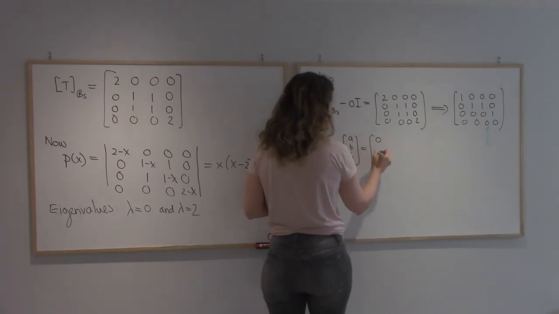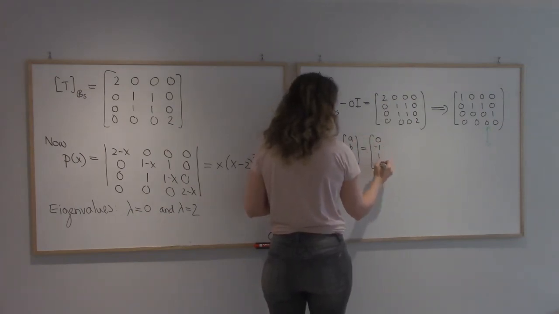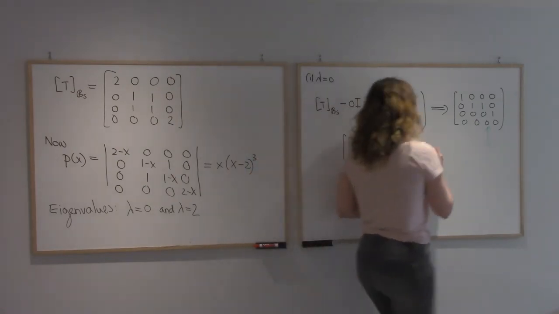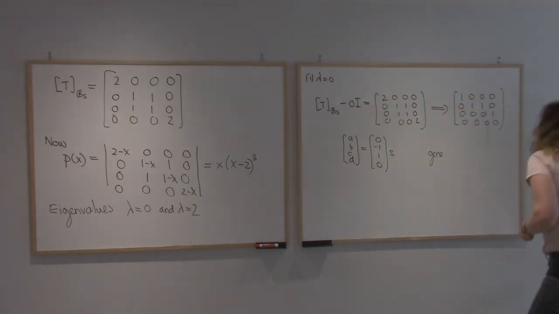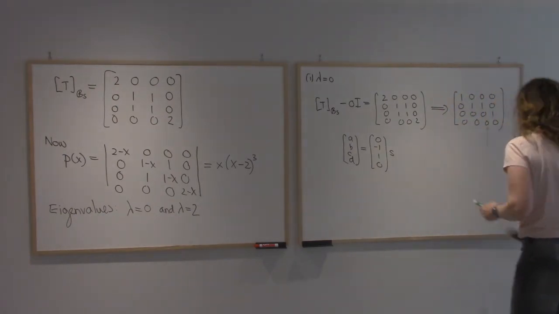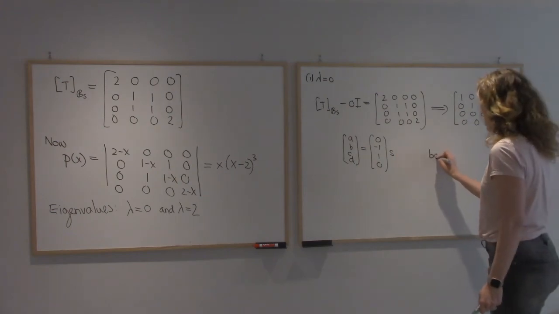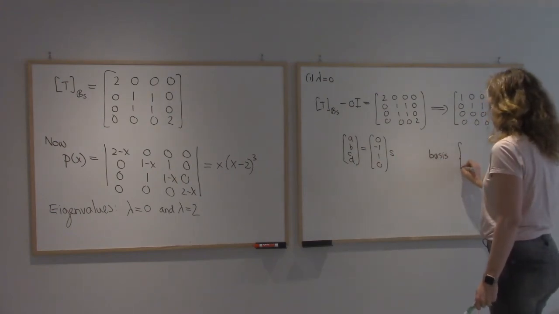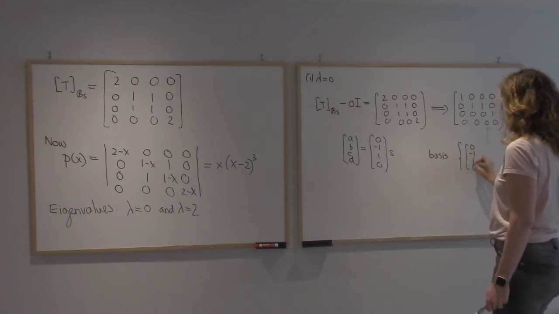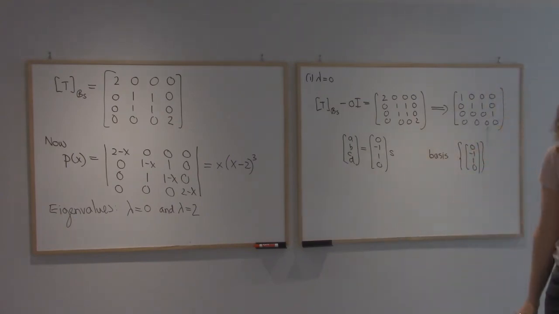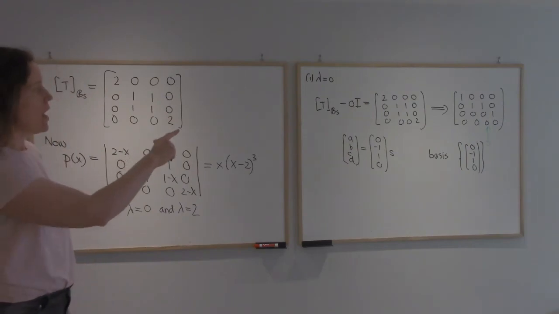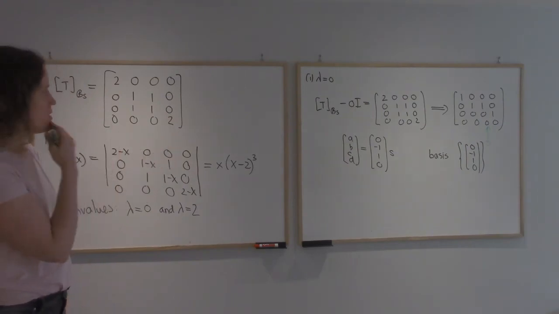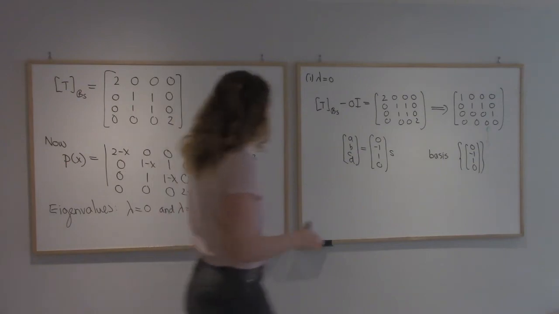I'm going to get 0, minus 1, 1, 0, times s. So the basis will be just that vector that multiplies s. Now this is not a basis for T, it's a basis for the matrix here because I'm expecting to get matrices out of this.